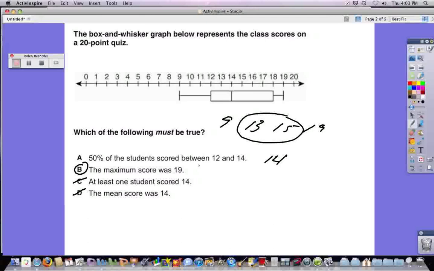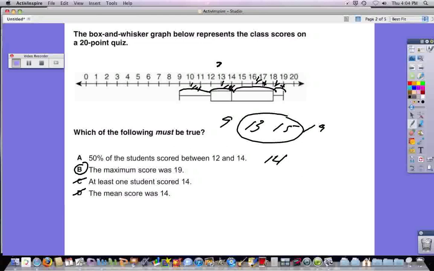50% of the students scored between 12 and 14. Well, remember I told you this is chopped into, this is a fourth. This is a fourth. This is a fourth. And this is a fourth. Well, between 12 and 14, is that half? Is that 50%?